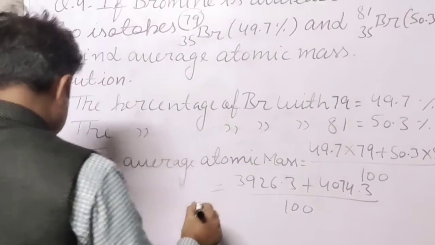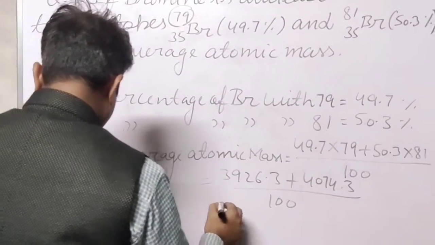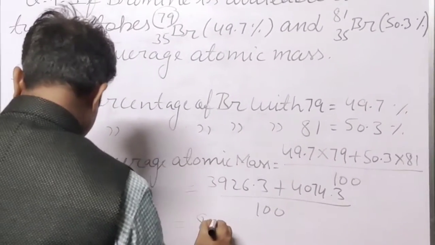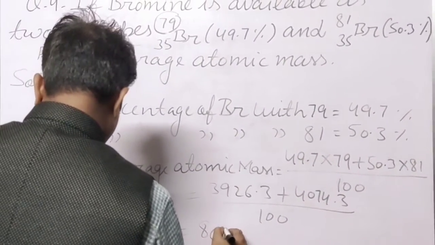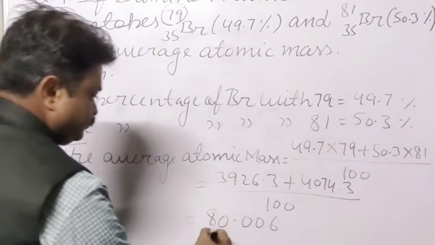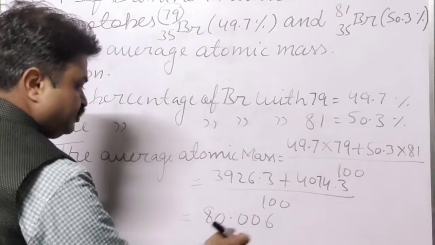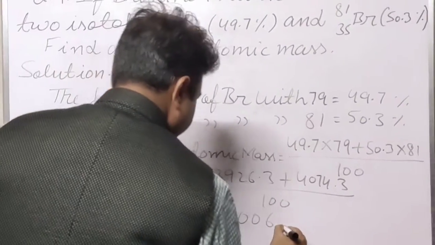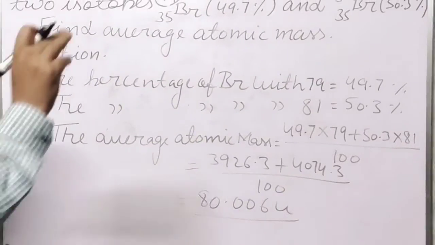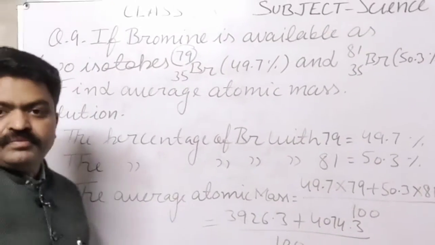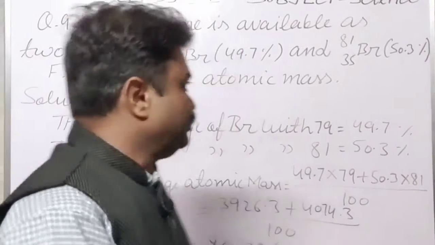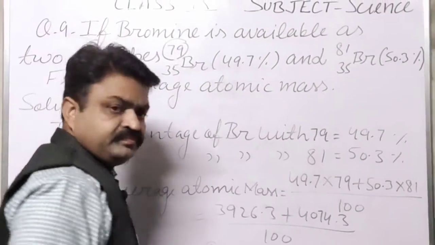We will get 80.006, and what is it? It is the atomic mass of bromine if its isotopes have these percentages.